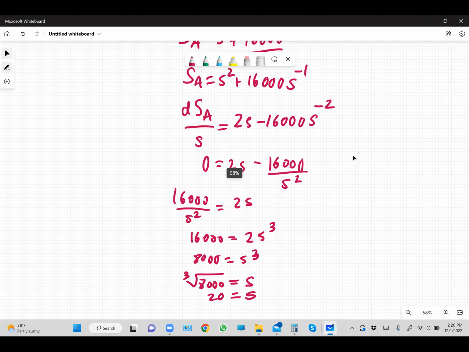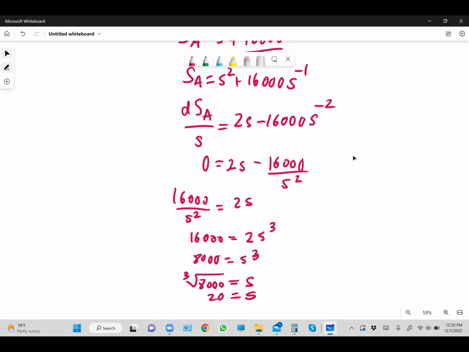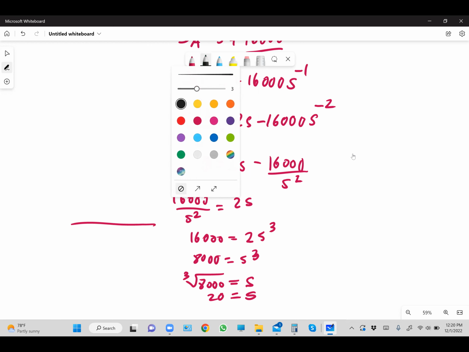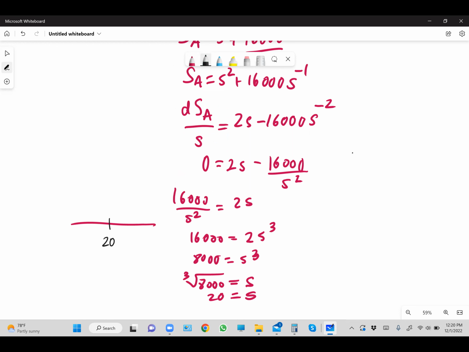Now here's the catch. I don't know if S equals 20 is a minimum or maximum, but if I wanted to check, all I have to do is a little number line here. 20 is in the middle, and let's say I pick 19 and 21 and check for signs in the derivative. So 2 times 19 minus 16,000 divided by 19 squared.